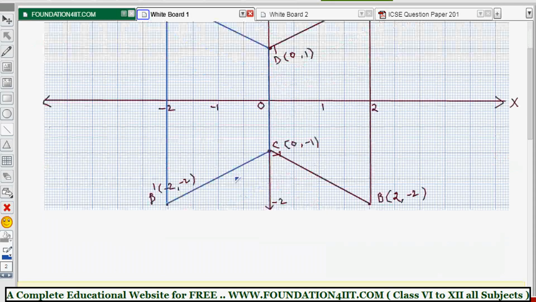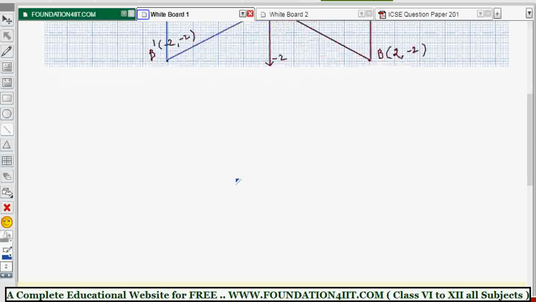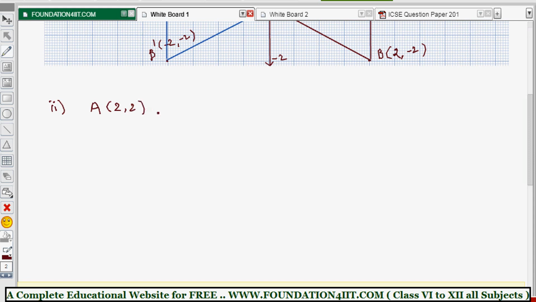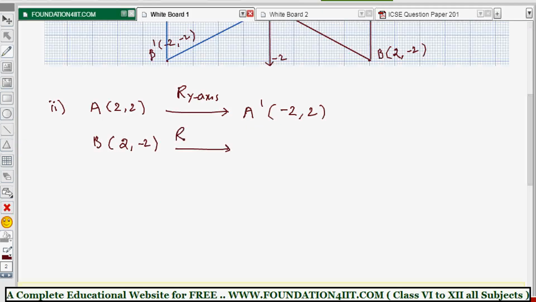These are the answers. Let me write the answers here, solutions. First one is the construction we did, and second is that A 2 comma 2, reflection on the y-axis is A dash, that is minus 2 comma 2, and B is 2 comma minus 2, also the same reflection on the y-axis.